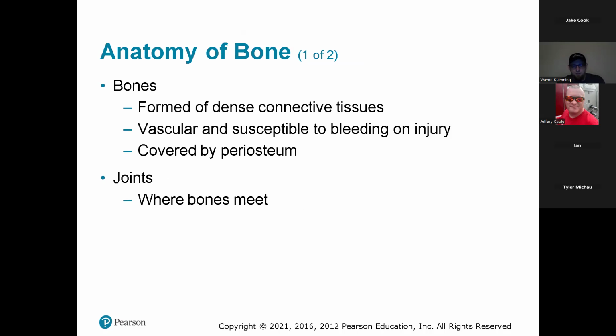Bones are formed of deep, dense connective tissue. All of your bones start off really similar to cartilage. That's why when we talk about babies being more flexible and bouncy, it's because they really are.